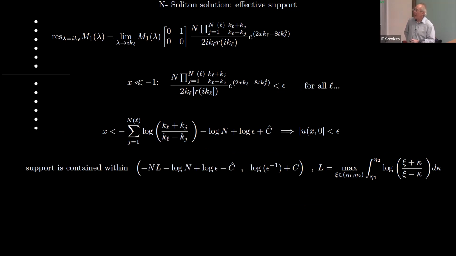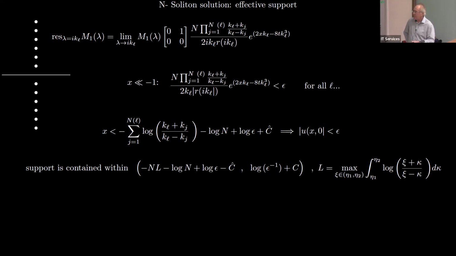So unraveling that means that x is less than this sum of logs, this logarithm of n that came from this n here, and a log of epsilon. Okay, that's actually the inequality, but that's supposed to be true for all l, and you can then optimize that by just defining some capital L to be the max of this integral.